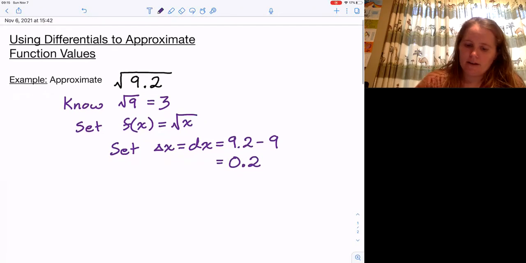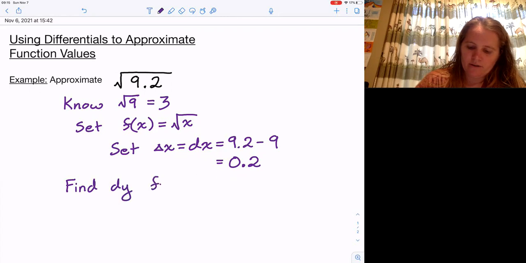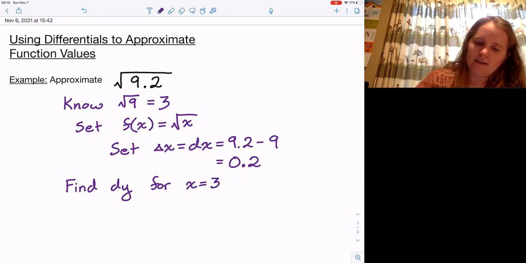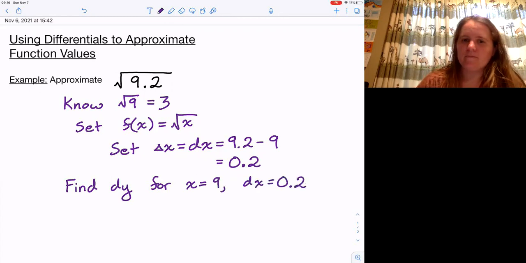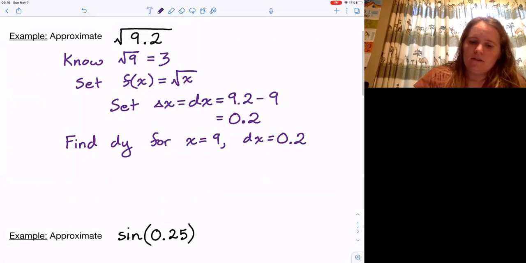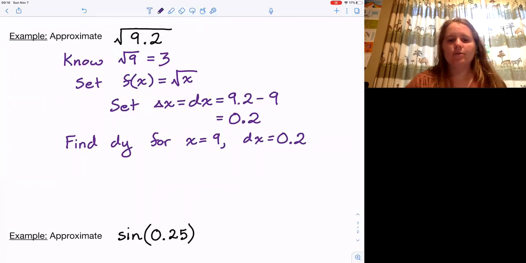So let's go ahead and find dy. For x equaling 9, and dx equal to 0.2.